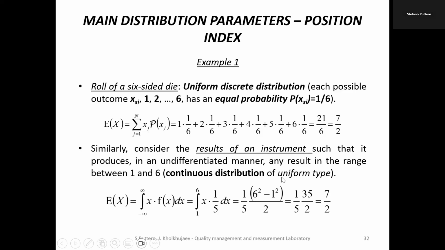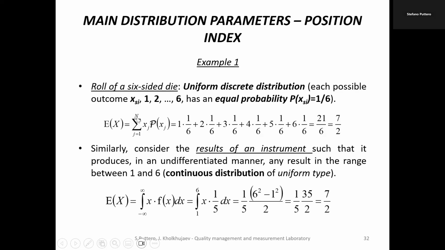This is the case of a continuous distribution of uniform type. So we have all the possible results between 1 and 6, and since it is uniform, all the solutions have the same probability, that is 1 over 5.